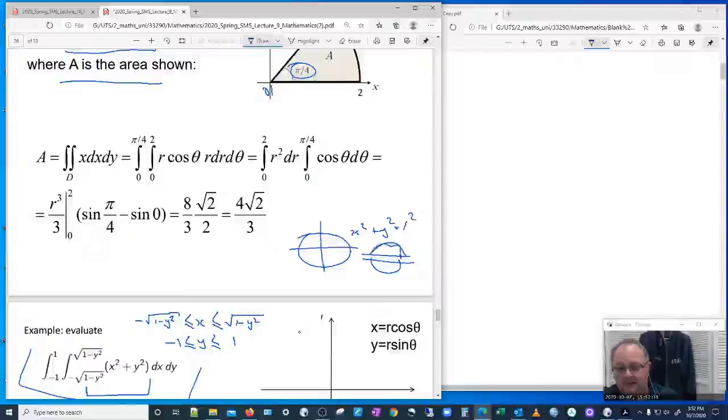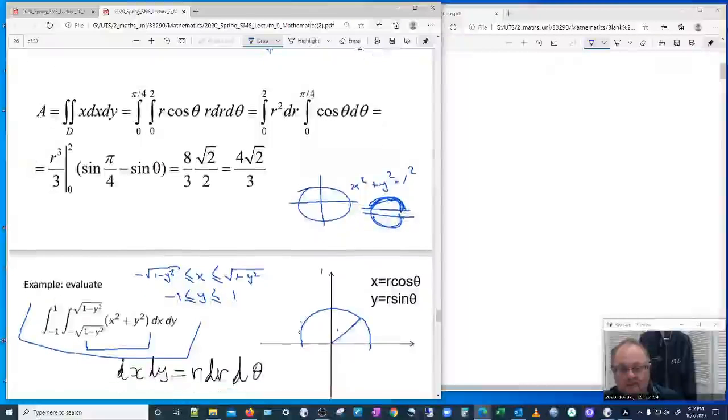So we need to recognize that this region is in fact a circle of radius 1, and we go around radius 1.